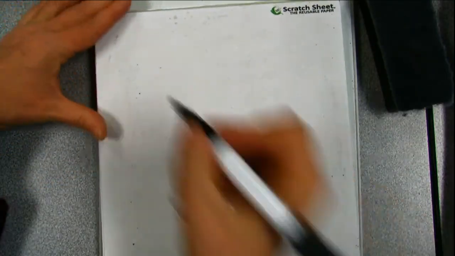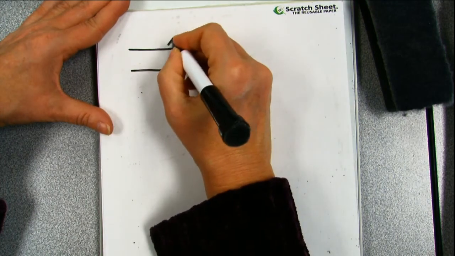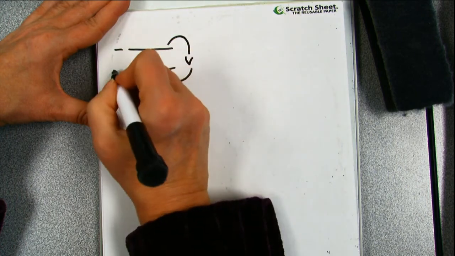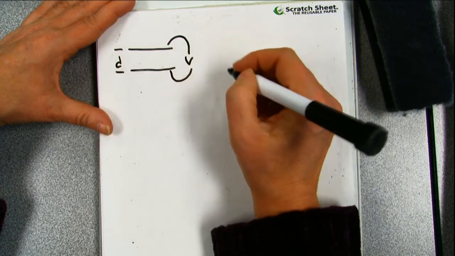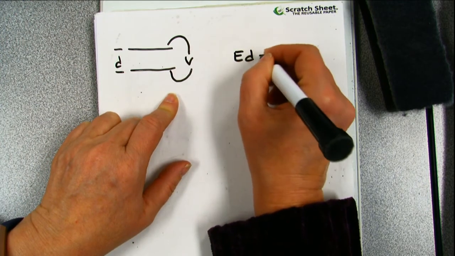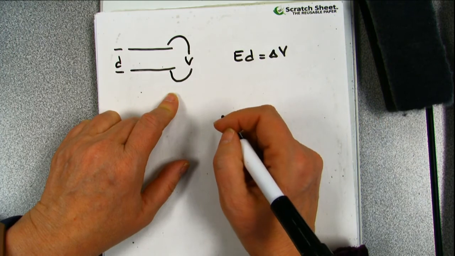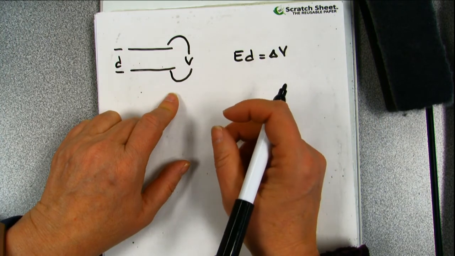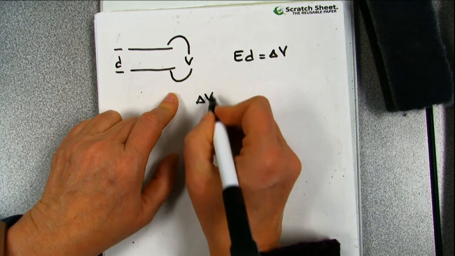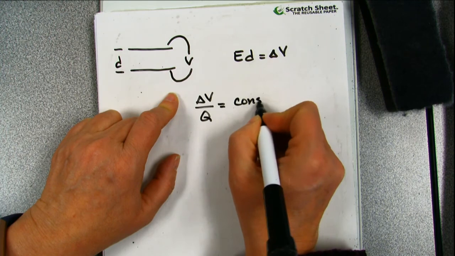So we've got our parallel plate. We know the voltage across the plate. We know its distance. We call these parallel plate capacitors, and so we can say E d is equal to my change in potential. And we can look at my change in potential over Q as equal to some constant.